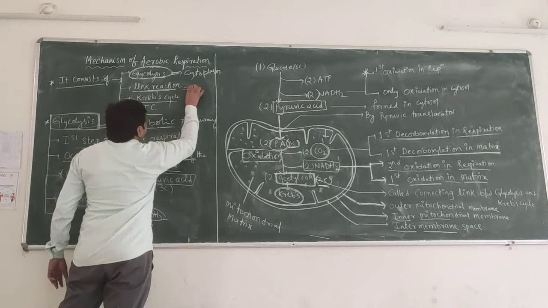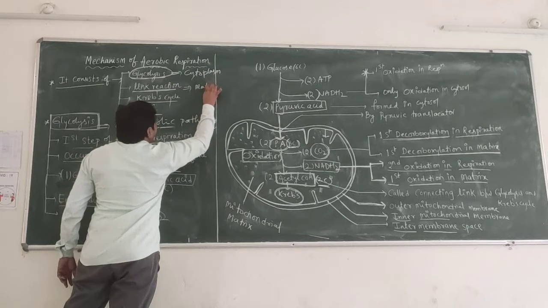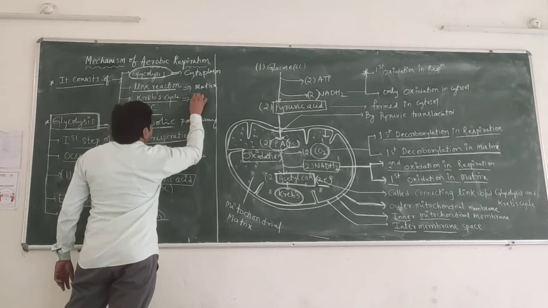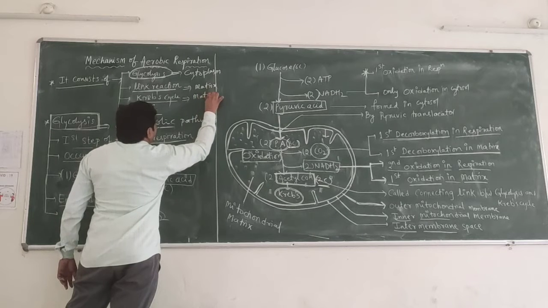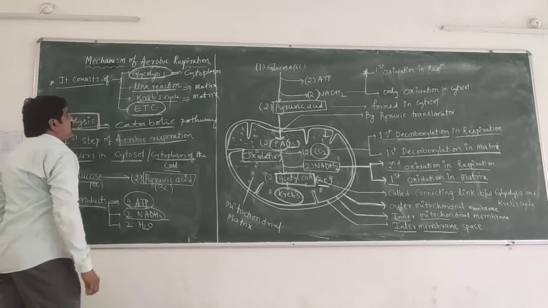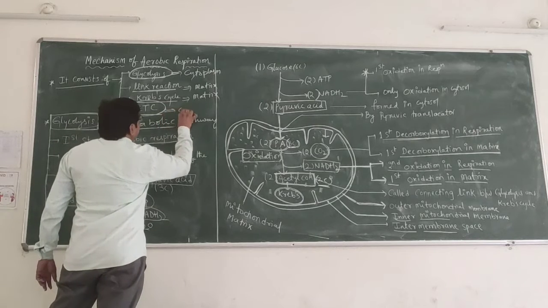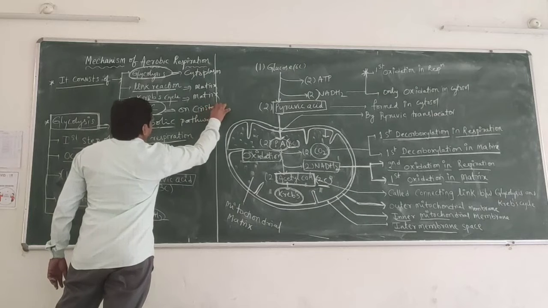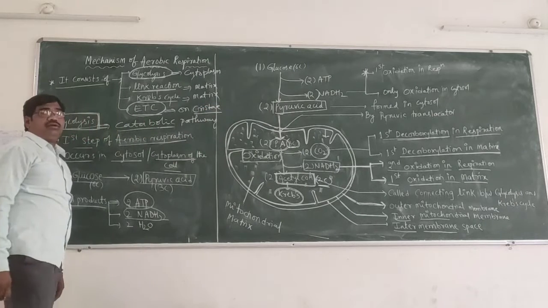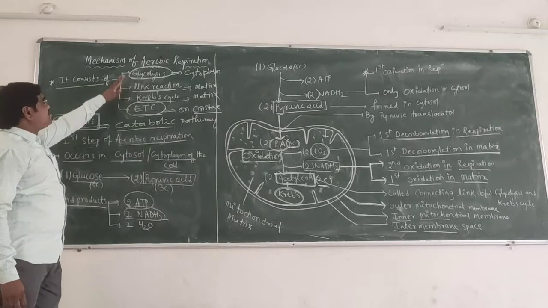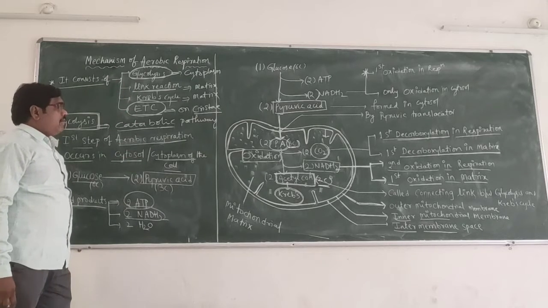The link reaction and the Krebs cycle take place in the matrix of mitochondria, and the electron transport system takes place on the cristae of the mitochondrial membrane. These are the four steps of aerobic respiration.